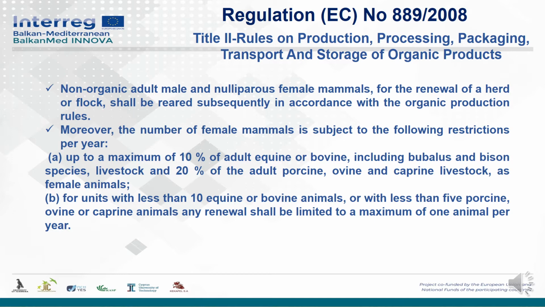A. Up to a maximum of 10% of adult equine or bovine, including bubalus and bison species, livestock, and 20% of the adult porcine, ovine, and caprine livestock as female animals. For units with fewer than 10 equine or bovine animals, or fewer than 5 porcine, ovine, or caprine animals, any renewal shall be limited to a maximum of 1 animal per year.